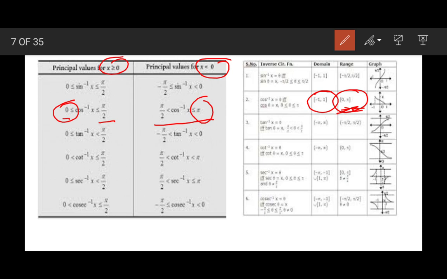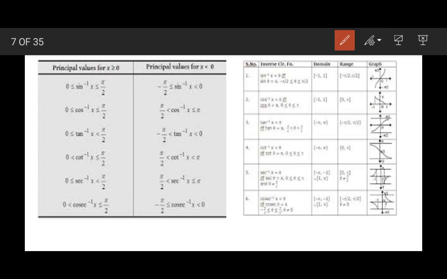Now see, for 0 the value is 1. For pi by 2 the value is 0. For pi the value is minus 1. So the graph will be like this.